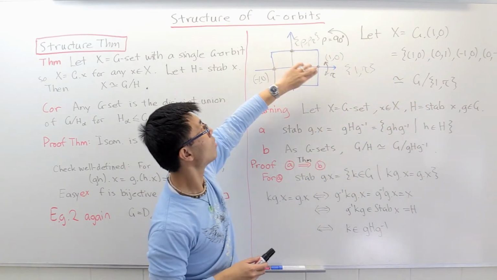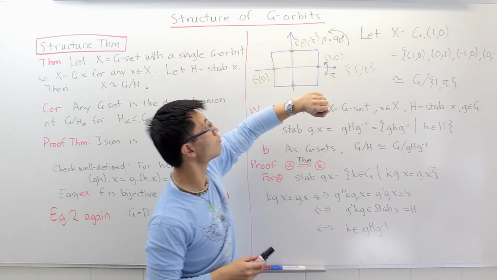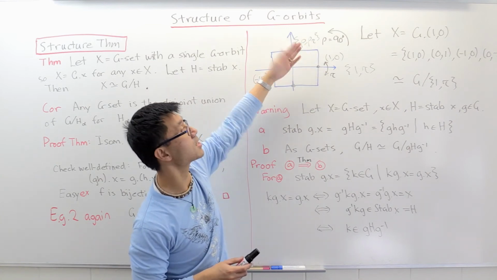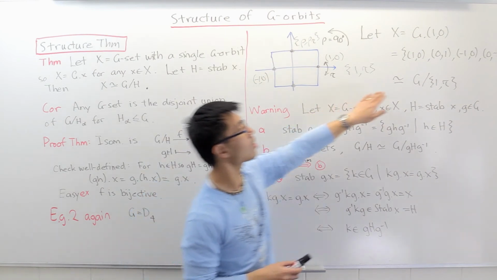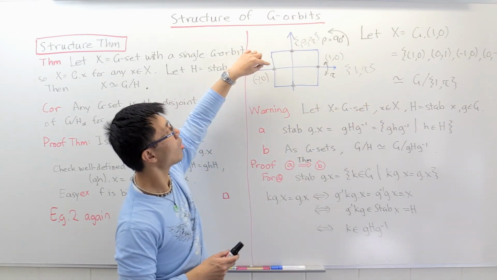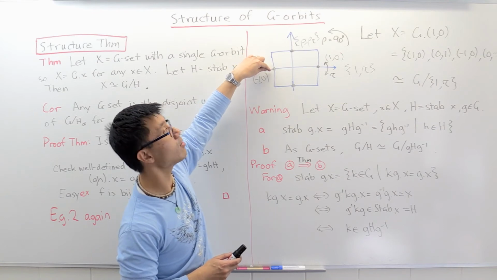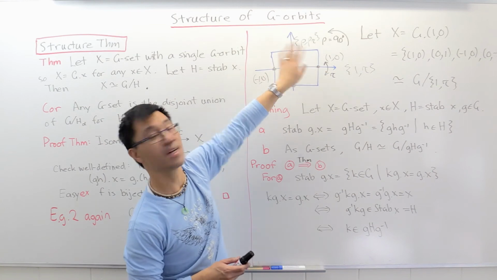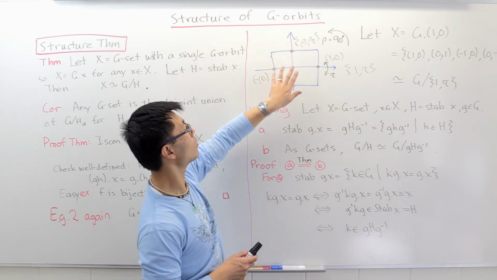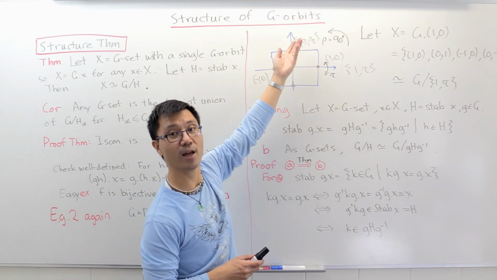So rho is the rotation by 90 degrees, and rho tau is a reflection. Of course, it must be the reflection about this diagonal, which sends this point to this point. So that's another coset. And similarly, the coset corresponding to this one here is the coset containing rho squared, the rotation by 180 degrees, and also the reflection about the vertical axis.